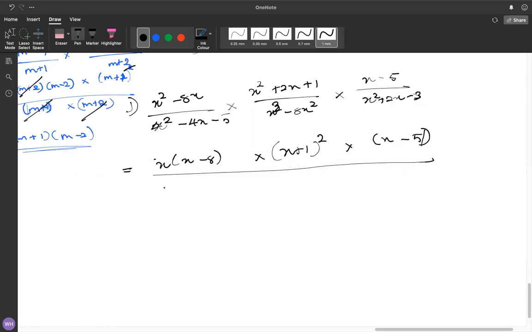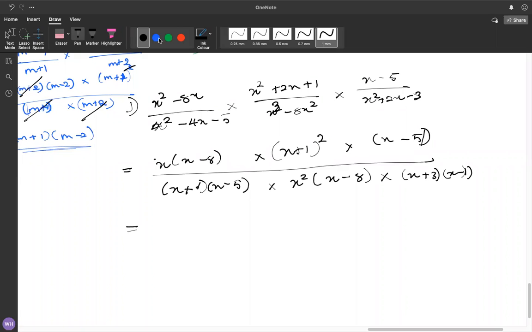Here comes x plus 1, x minus 5, times x squared is common, take it out of the bracket, and x minus 8 will remain, times this, you have 3 here. And then x plus 3 and x minus 1 should be the factors of this.